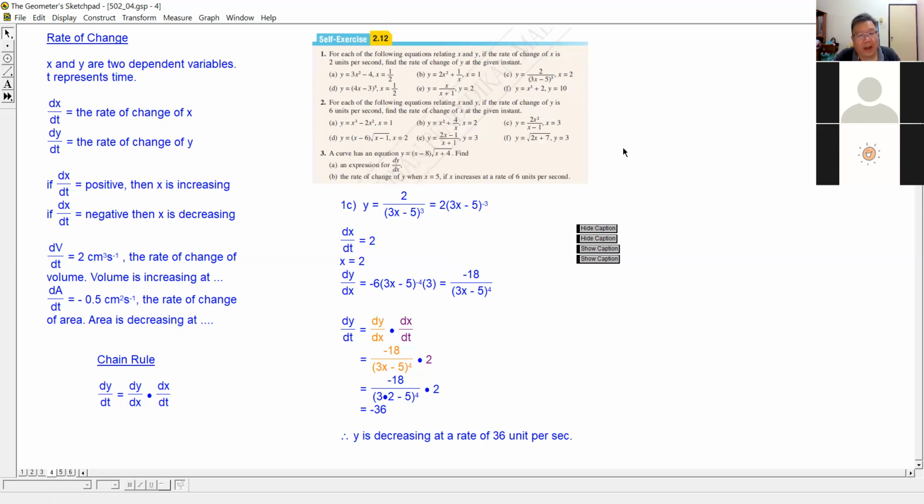Okay, teacher. Then they say find the rate of change of y. That means what is the rate of change of y? dy/dt. So dy/dt is what you want to find. But you don't know how to find it because it's not given.